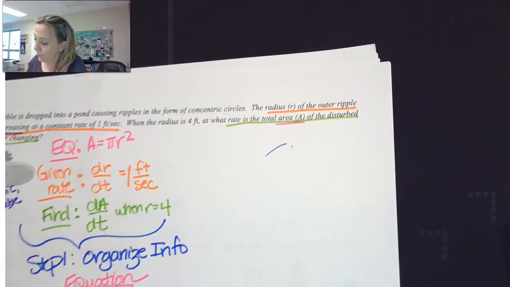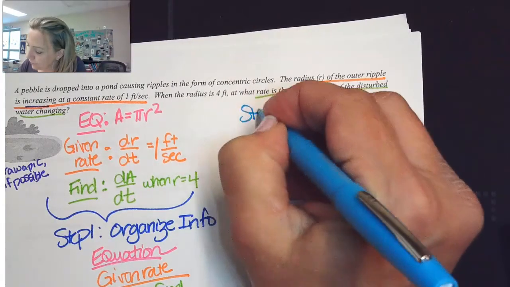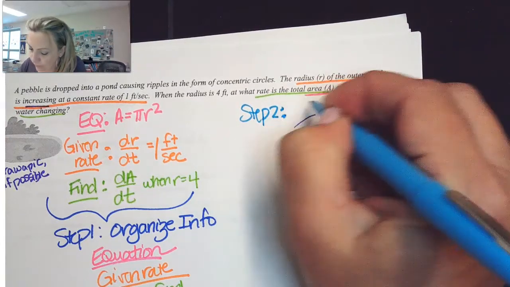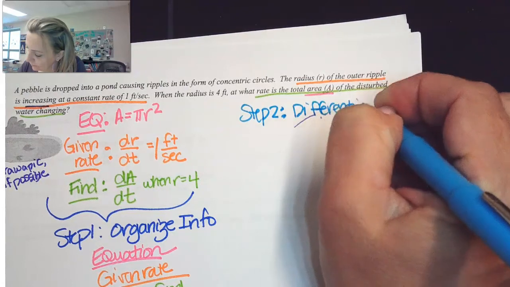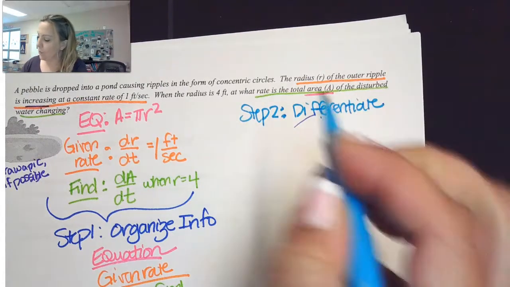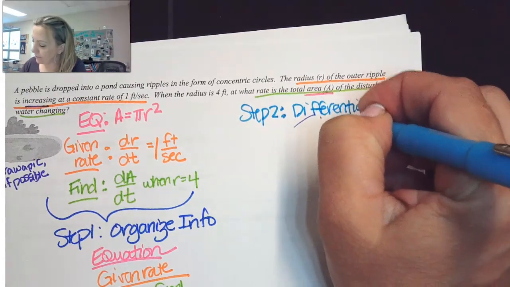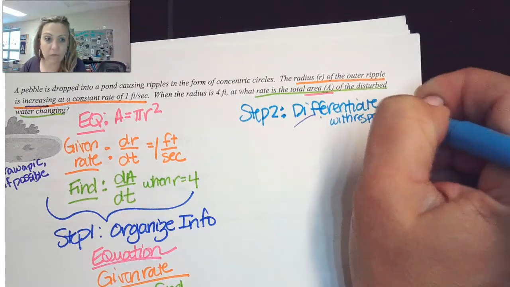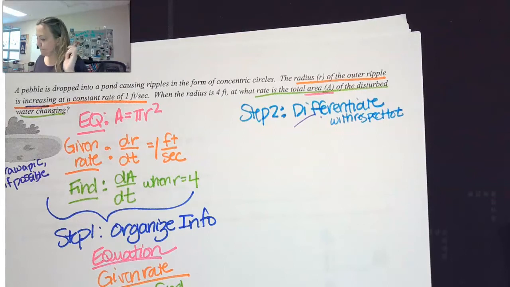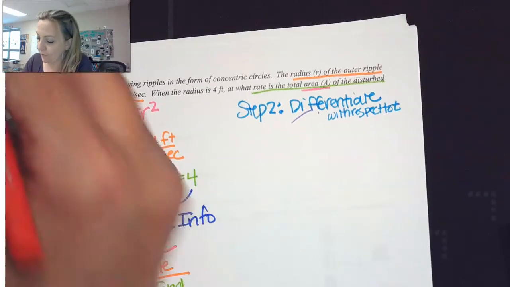So up here, we'll write that in step 2, that we are going to differentiate with respect to t. But when we do that, I'm going to put this little beware up here.